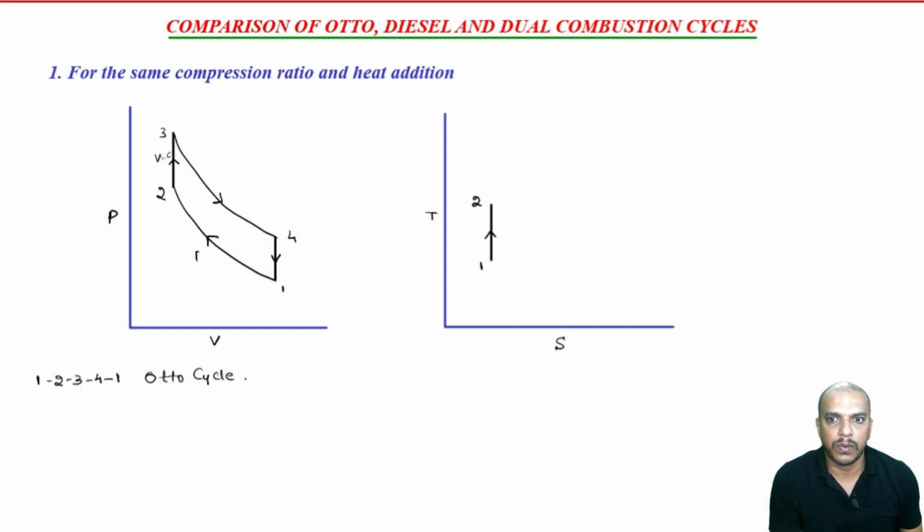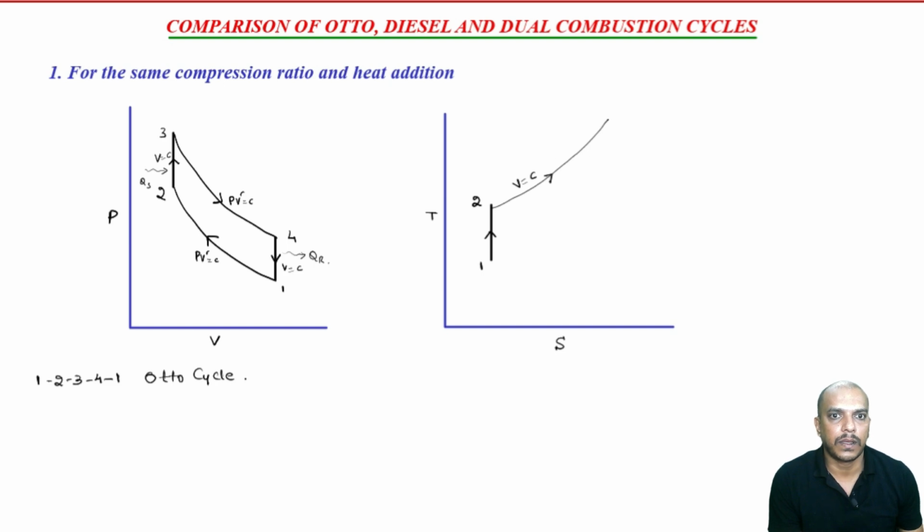This is our PV power gamma constant. This is again PV power gamma constant. This is again volume constant, heat rejection. Alright, this is our heat rejection in Otto cycle. This is our heat supplied in Otto cycle. Then 2 to 3 is constant volume heat addition.